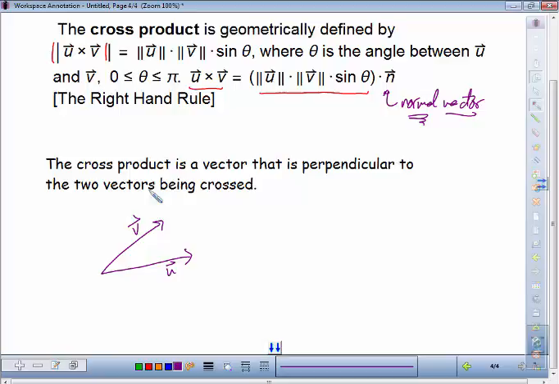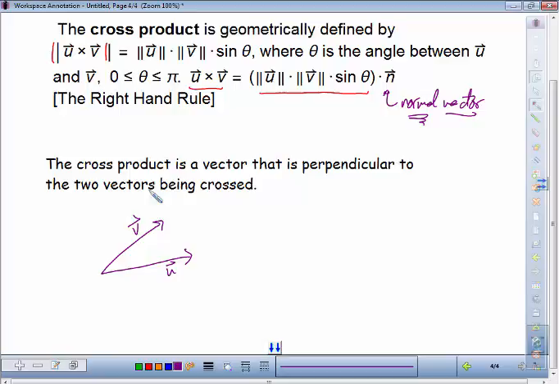Use your fingers if you have to. If you have two vectors, what's your cross product going to look like? Here's my pencil. What should I do with my pencil? If you're using your right hand, your thumb. Perpendicular to both, right? I need to have a vector. This vector has to be perpendicular to both.